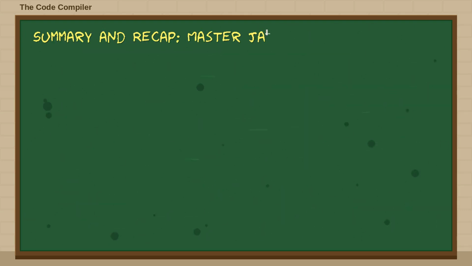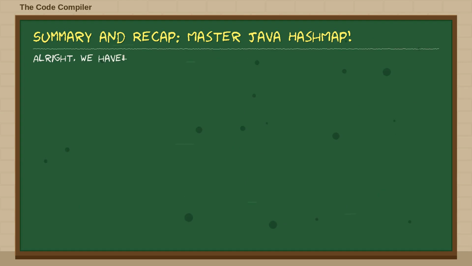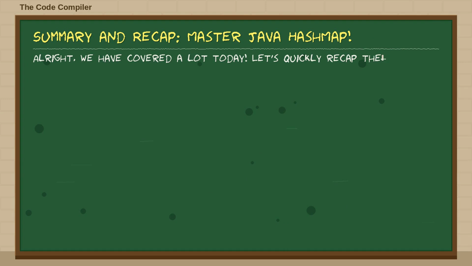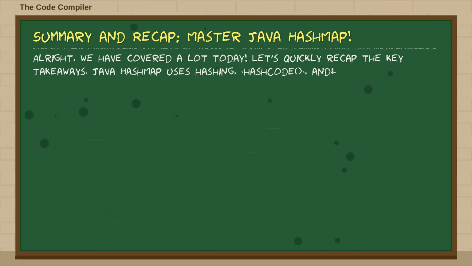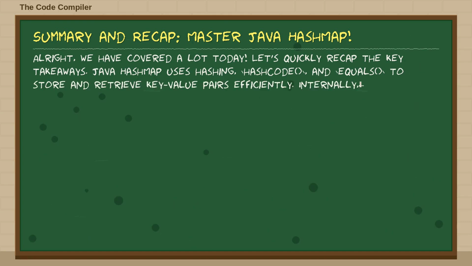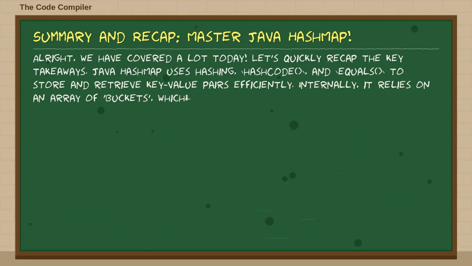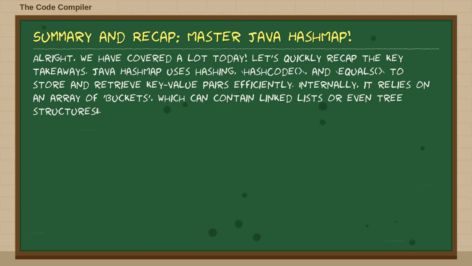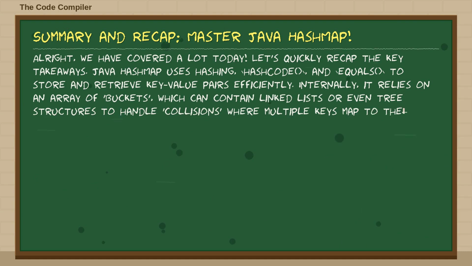Alright, we have covered a lot today. Let's quickly recap the key takeaways. Java HashMap uses hashing, hashcode and equals to store and retrieve key-value pairs efficiently. Internally, it relies on an array of buckets, which can contain linked lists or even tree structures to handle collisions where multiple keys map to the same bucket.